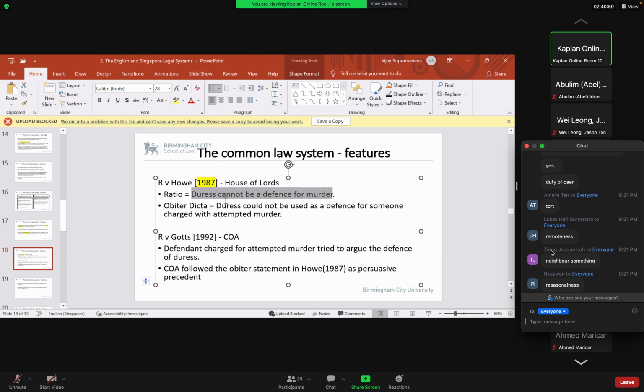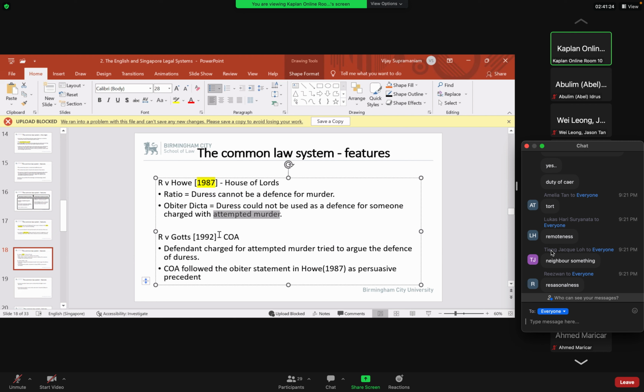So the statement that duress cannot be used as a defense for attempted murder was not applied to the facts, because the case is about murder. So the ratio is duress cannot be used for murder; the obiter is that you cannot use it for attempted murder.